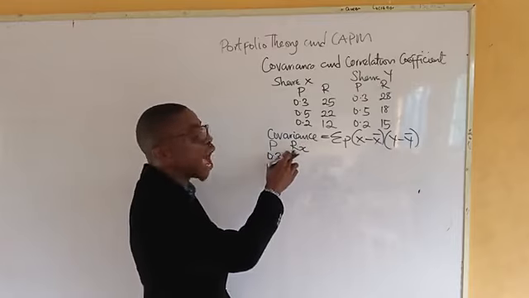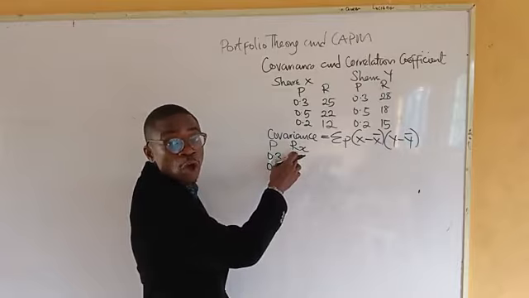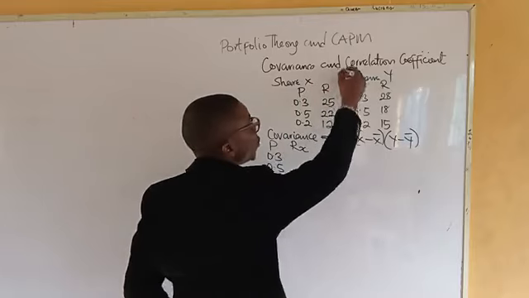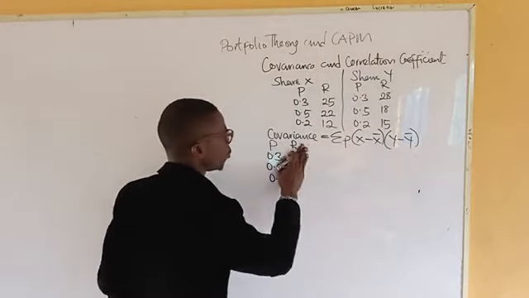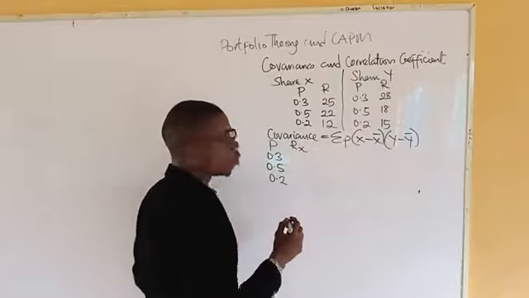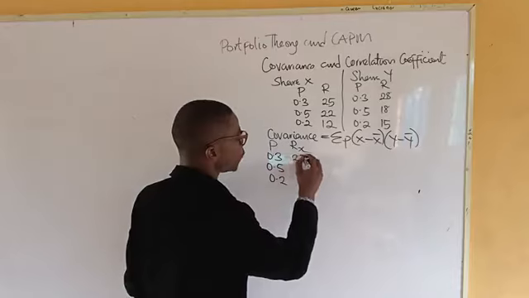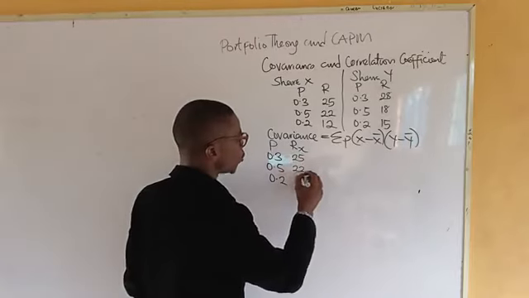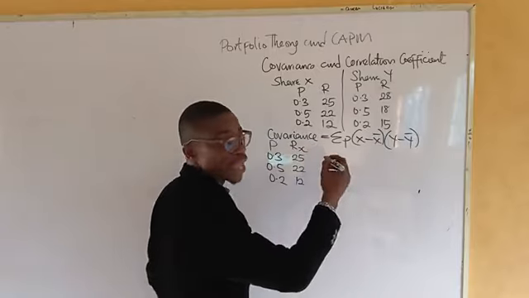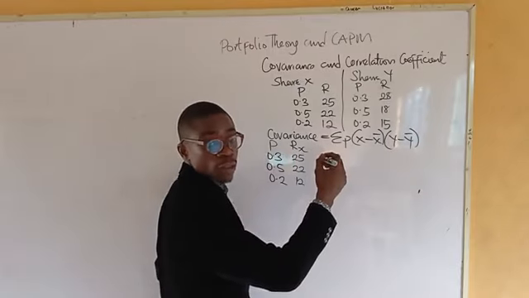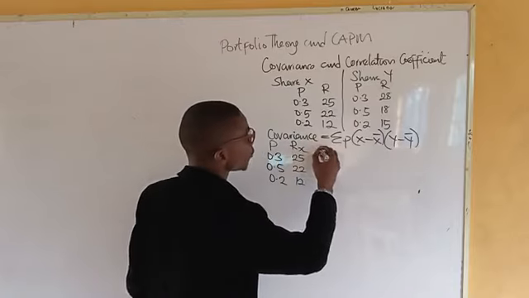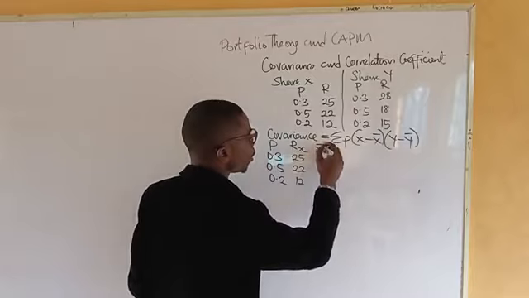I'll put Rx here, that's the return of x. What is the return of x? We have 25, 22, 12. So we want to get our x bar. Am I communicating?